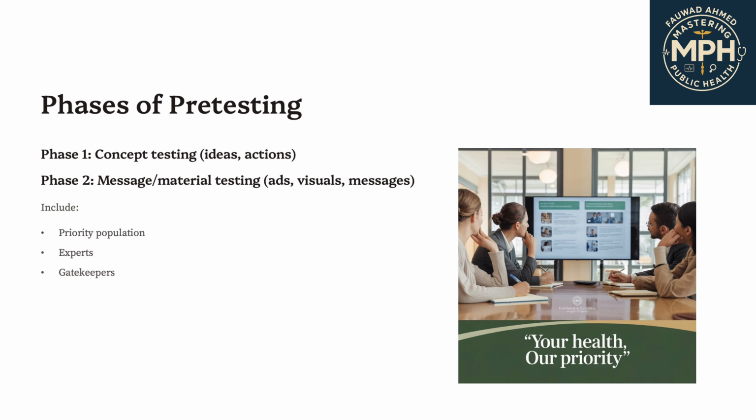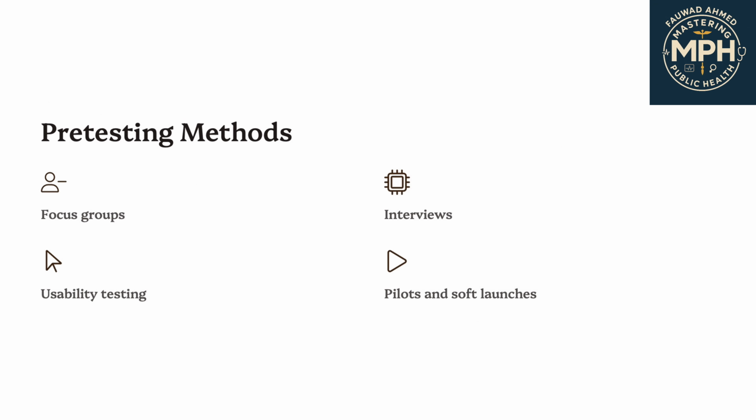Pre-testing involves two phases. Phase 1 test the product concept or idea. Phase 2 test promotional materials or delivery channels. Include members of the target population, subject matter experts, community gatekeepers. Use methods like focus groups, pilot programs, interviews, usability testing. Even with a tight timeline, pre-testing is non-negotiable.